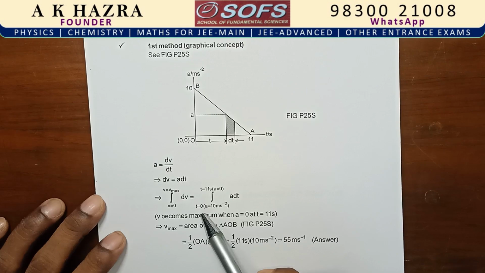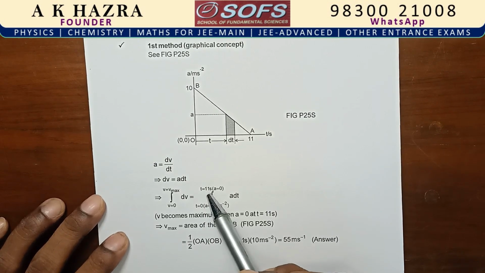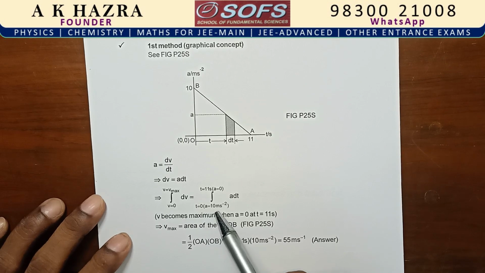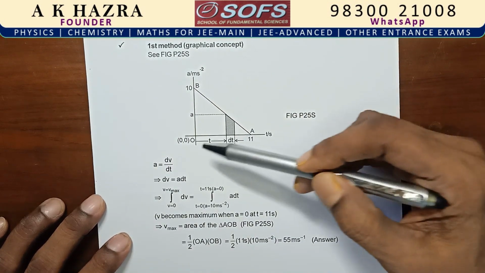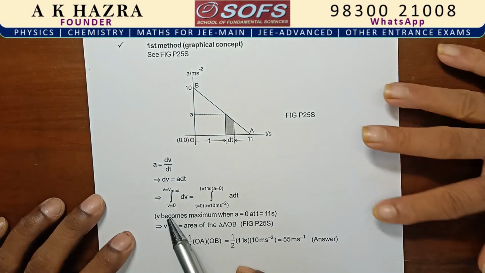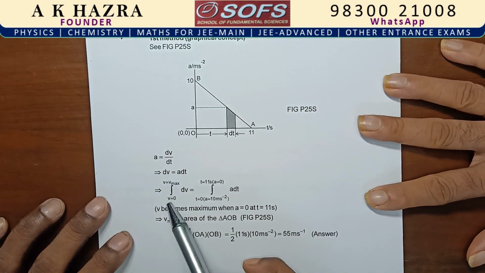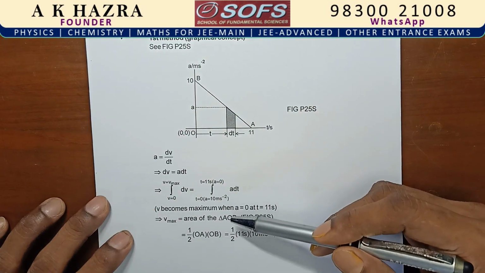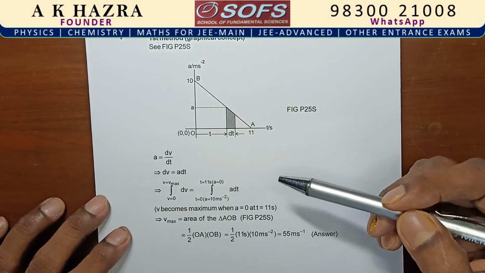Now t is equal to 0 to t is equal to 11 seconds. Why have we considered 11 seconds? When t is equal to 0, acceleration is equal to 10 meter per second square. And then v is equal to 0, because it is given that the particle starts from rest. Now it requires the maximum speed.